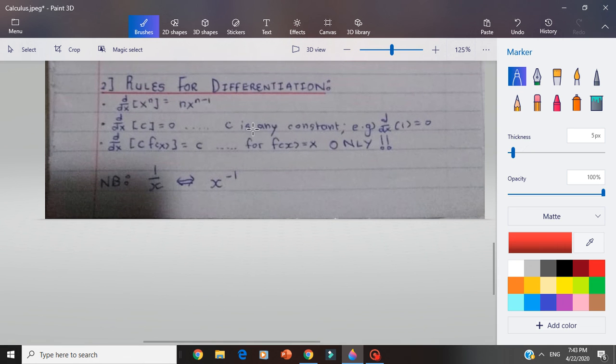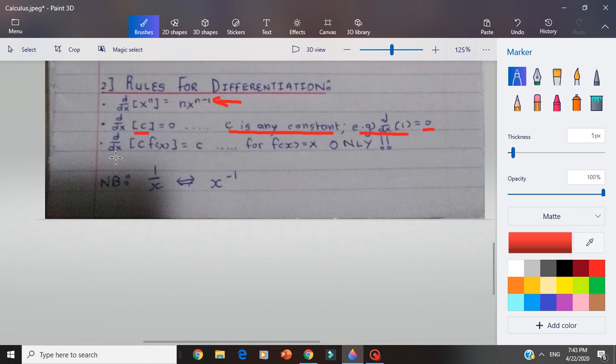Right? One of the rules we already spoke about is the golden rule, which is written here in the first line. The next rule is that the derivative of any constant c, where c is any number, for example 1, is 0.